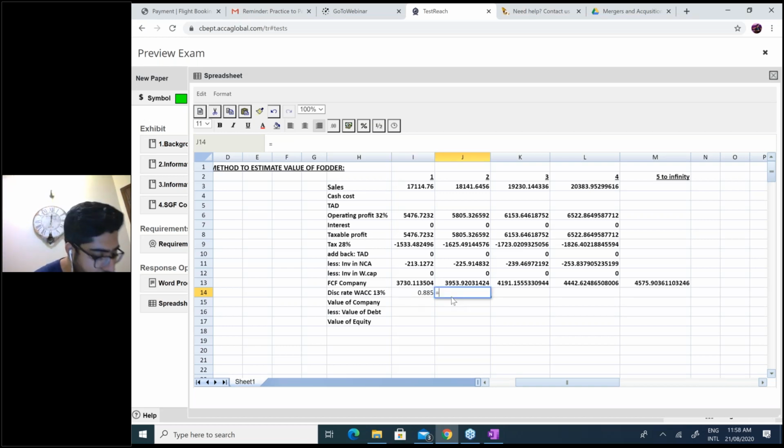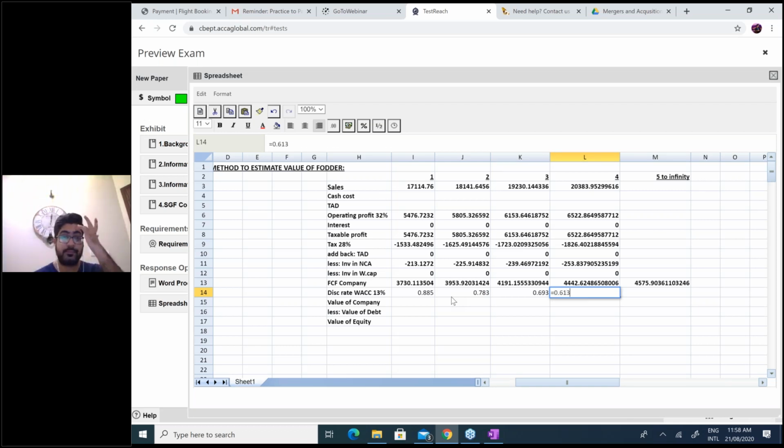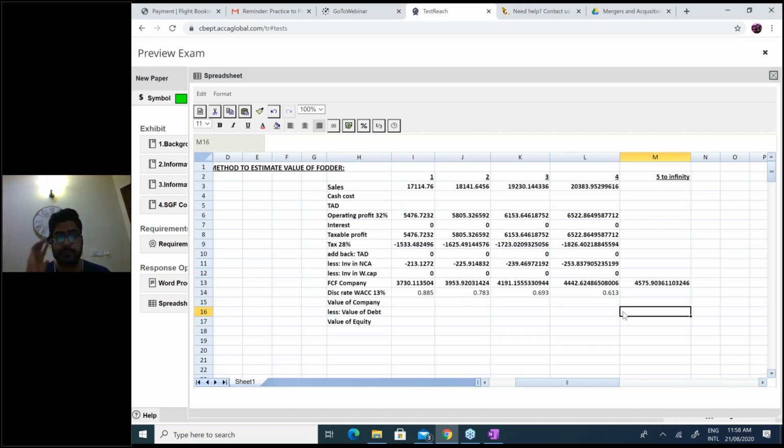Then 13% year two is 0.783. Then 13% year three is 0.693. And 13% year four is 0.613.